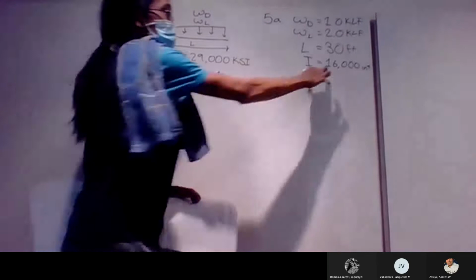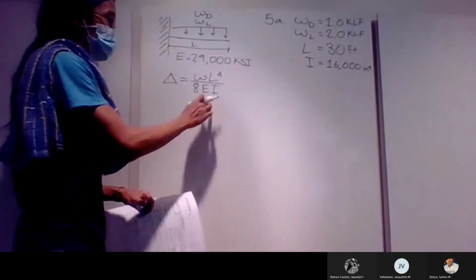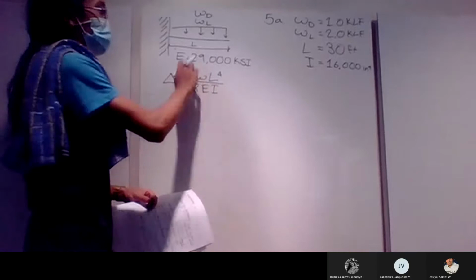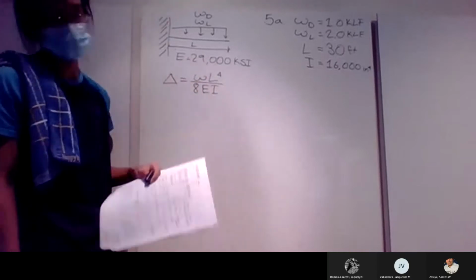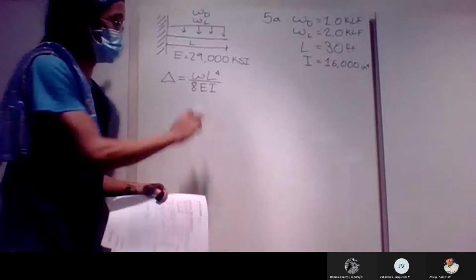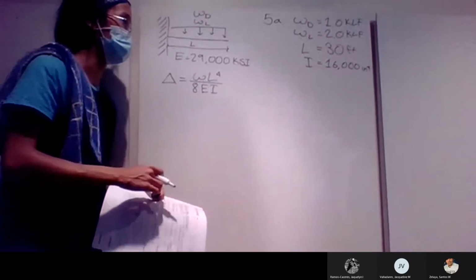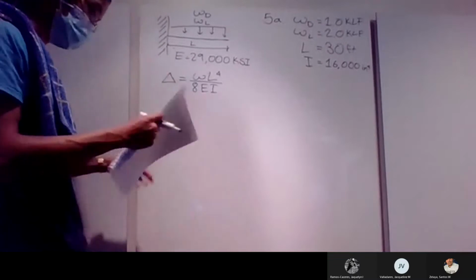So we have material and shape, and that plays into how much it deflects. The higher the modulus of elasticity and the moment of inertia, the lower the deflection. They're in the denominator, so it's an inverse relationship.